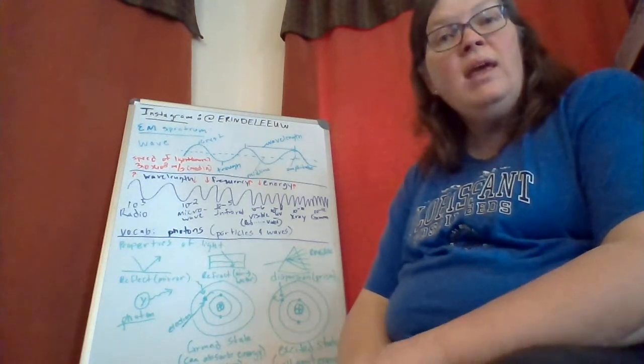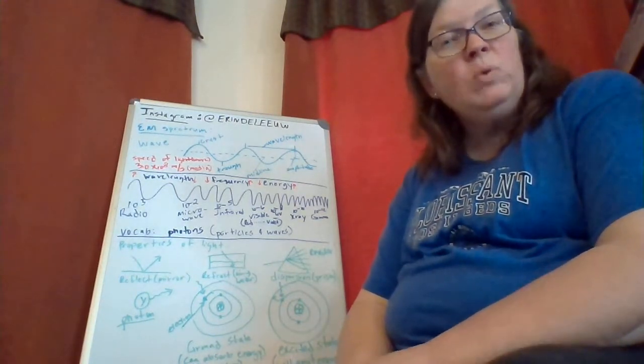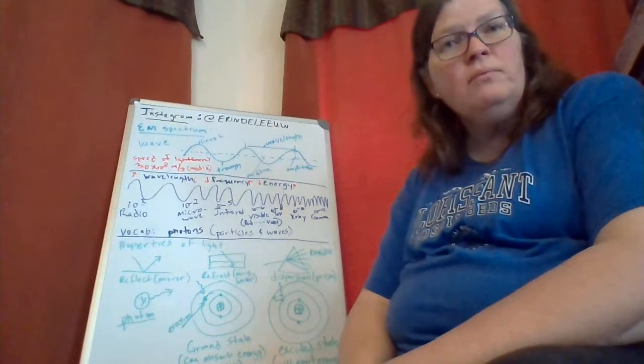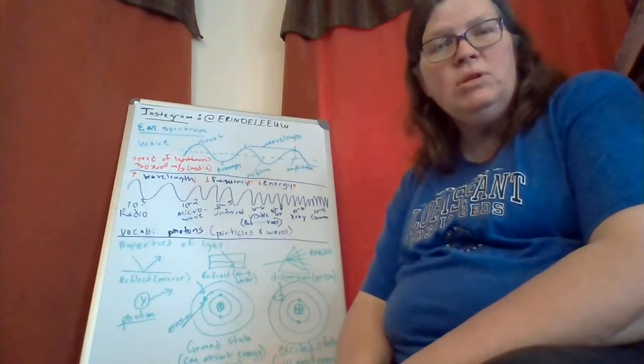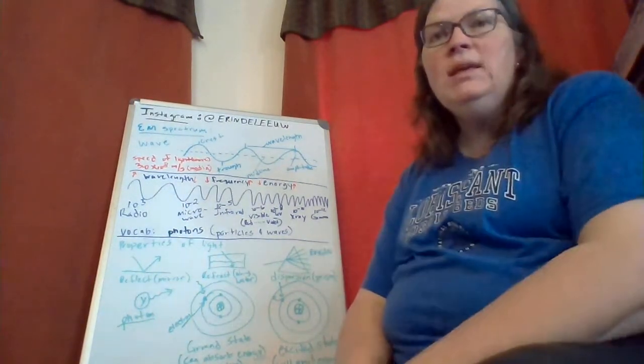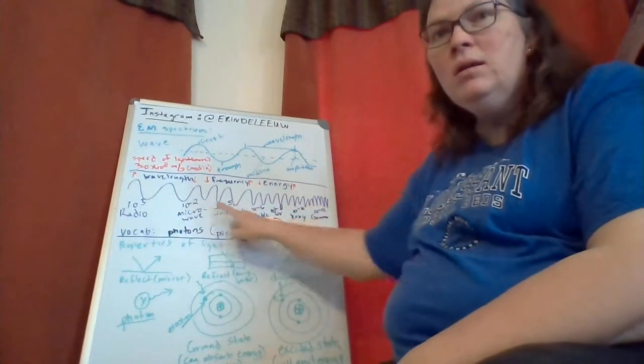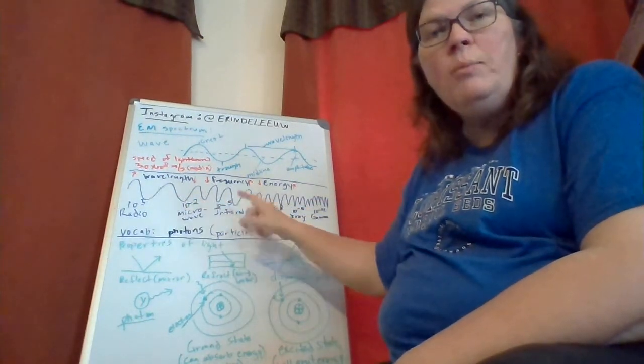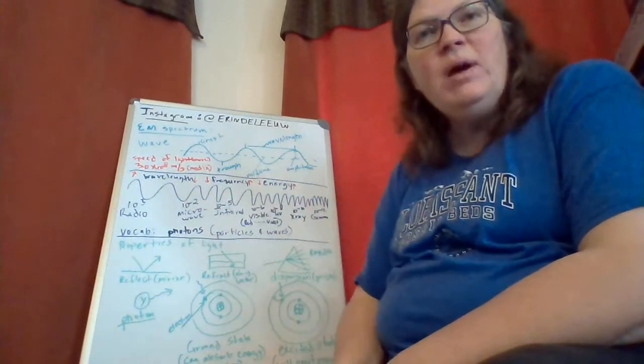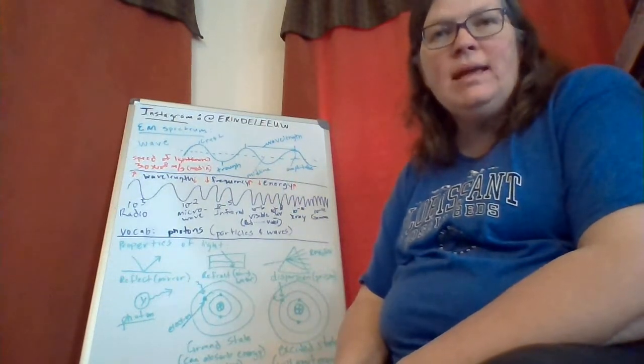Okay, now if you go to the FM dial, what do you think the FM stands for? Okay, that's frequency modulation. So frequency is how many waves pass or are received by your antenna within a second.